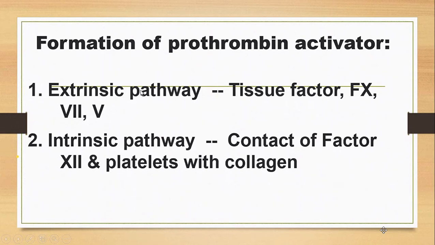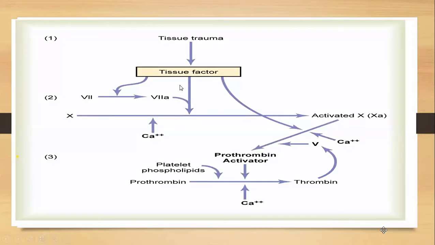Okay, though it looks simple, the pathway later becomes more complicated. So this is the extrinsic. Tissue trauma releases a tissue factor, which will activate factor 7.